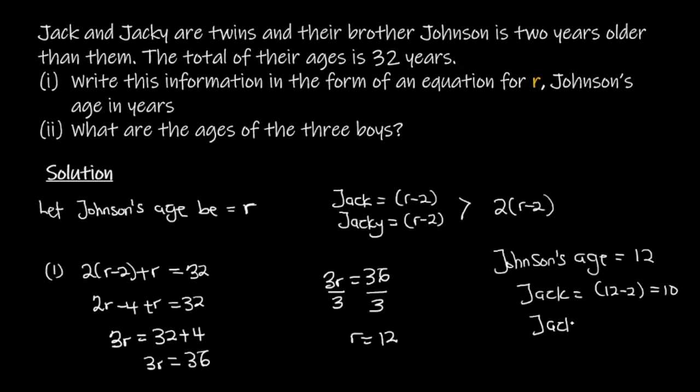Jackie is also the same, so 12 minus 2, which is also 10. Now if we add their total age, 12 plus 10 is 22, plus another 10 is 32 years, which is the total of their age given to us in the question. So what are the ages of the three boys? Johnson is 12 years old, Jack is 10 years old, and Jackie is also 10 years old.